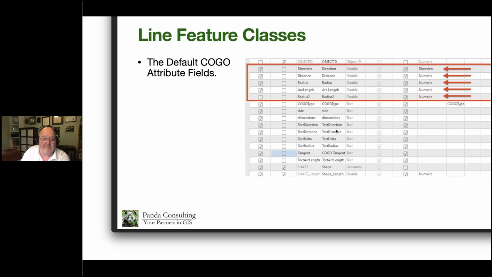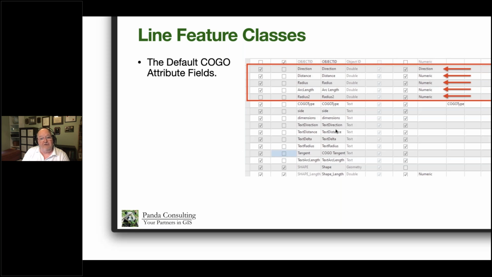Here's where the problem comes in, is in the line feature classes. Because within ArcGIS Pro, Esri has transitioned the standard coordinate geometry fields, the standard COGO fields, so that the COGO fields are no longer string fields, text fields. They are actually now number fields.